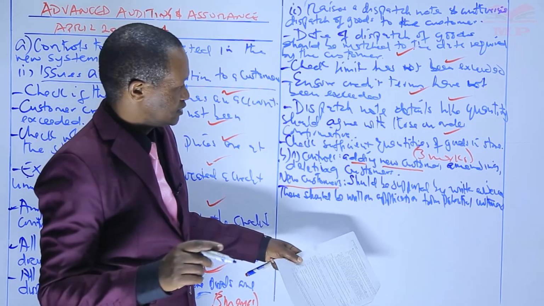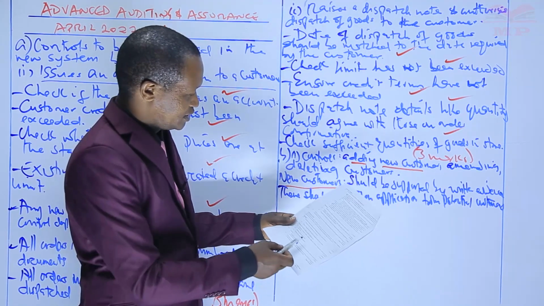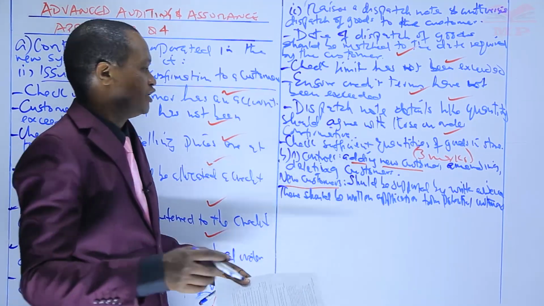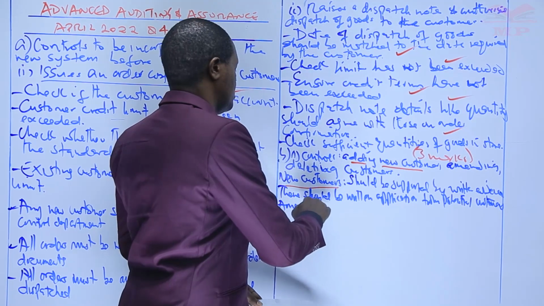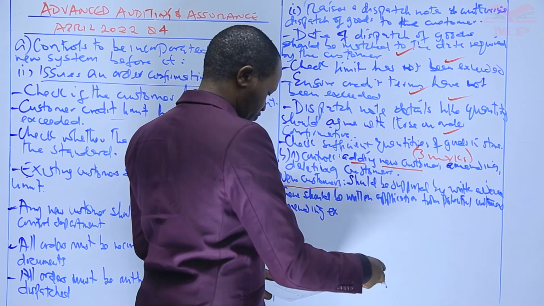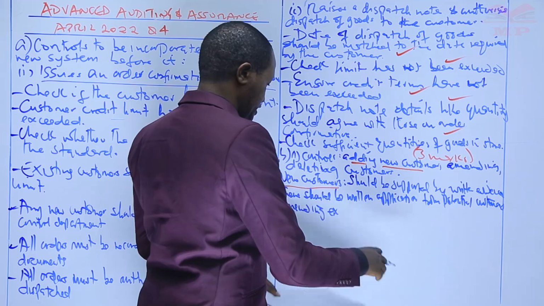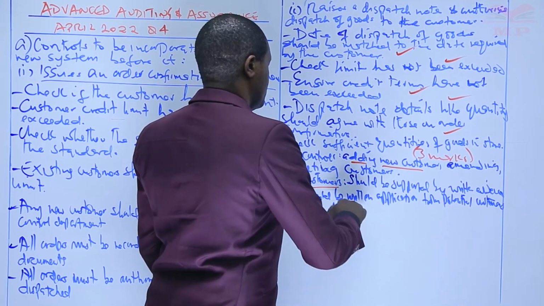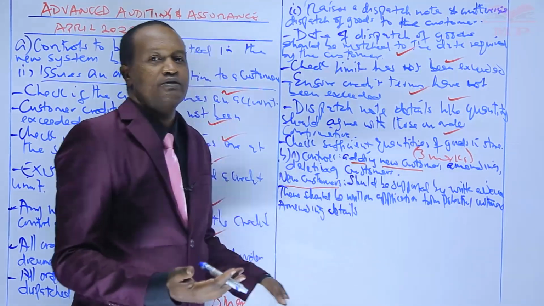How about, we are discussing new customers, then there is amending or changing. This is amending of details or changing details. These are details of the existing customers.